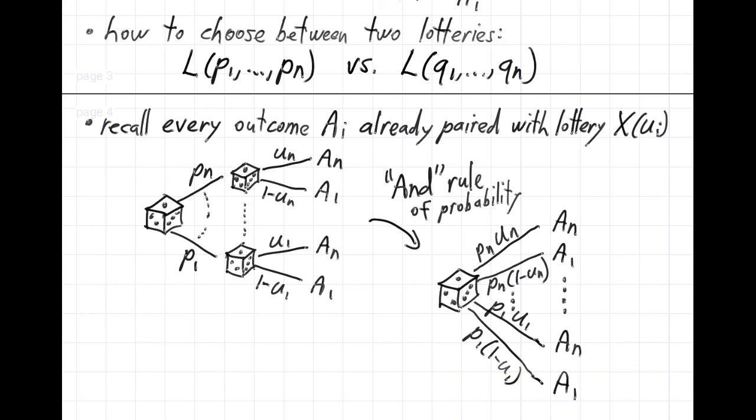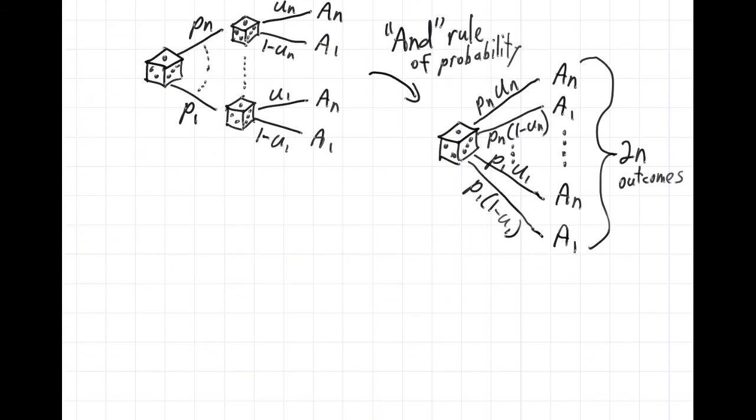In fact, there would be 2n possible outcomes. Okay, so that's cool. But we can go a little bit further even because we're getting a lot of redundancy. For every one of these branches, there's an AN here, there's going to be more ANs here, and an AN at the bottom here. In fact, there are n duplicate outcomes that pay out AN, and they're all exclusive.